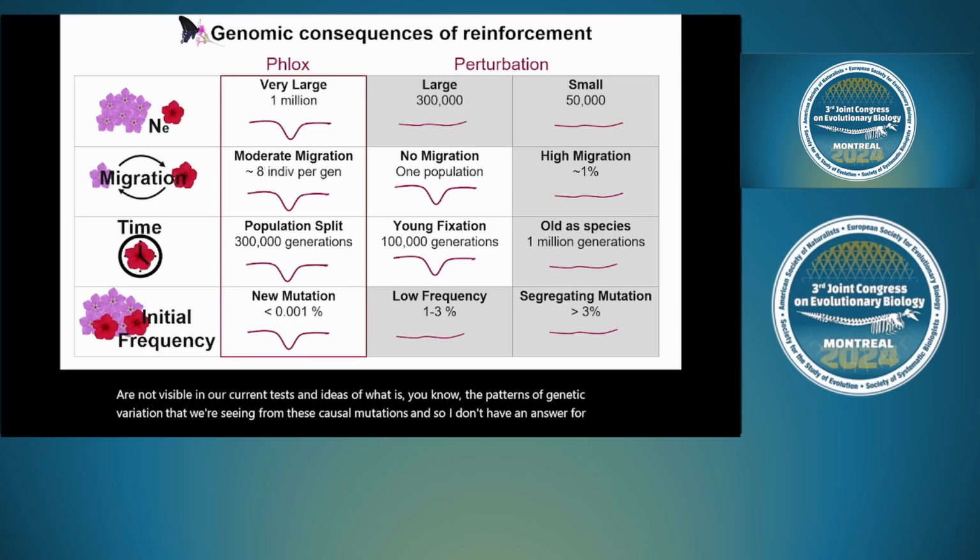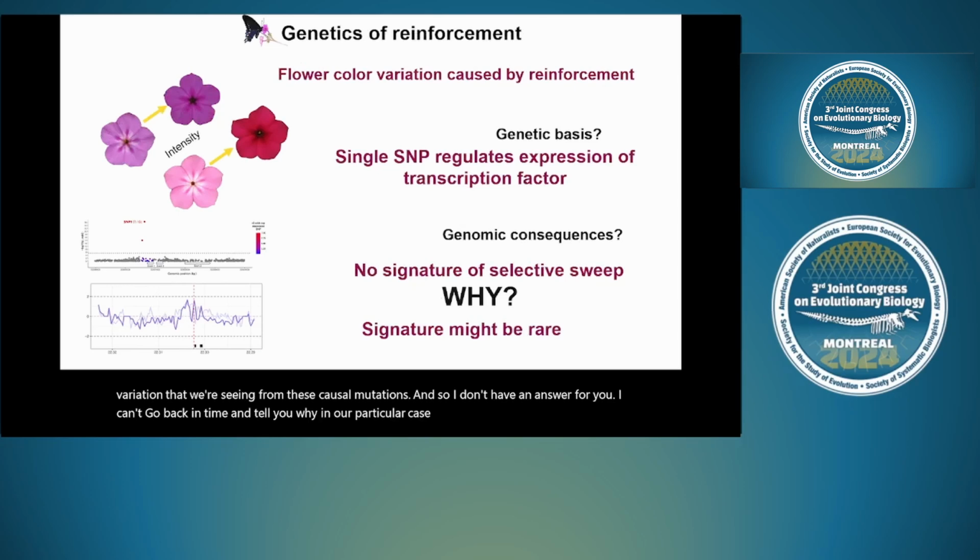I can't go back in time and tell you why, in our particular case, we don't see a signature of selection, but it could be because our demographic parameters were wrong, or it could be because this is hanging out in the flocks population for a while before it was under selection. But what I can say is that maybe there's a lot of signatures of selection that we can't see because of the way evolution works and drift.